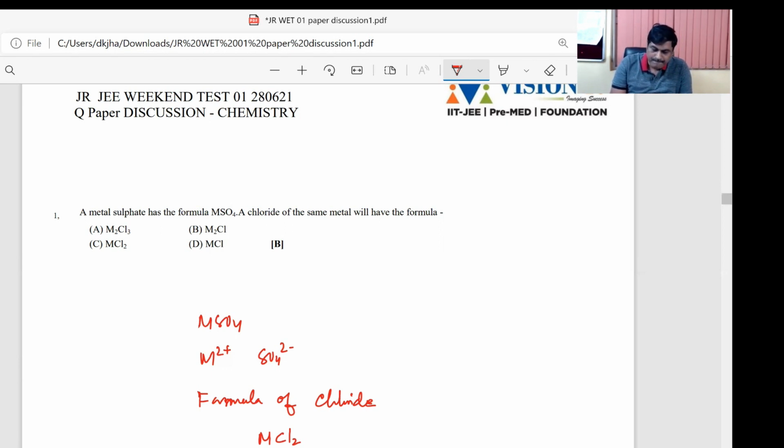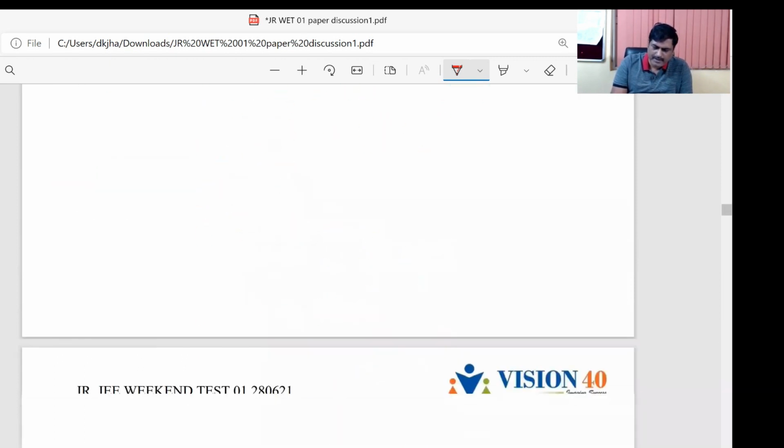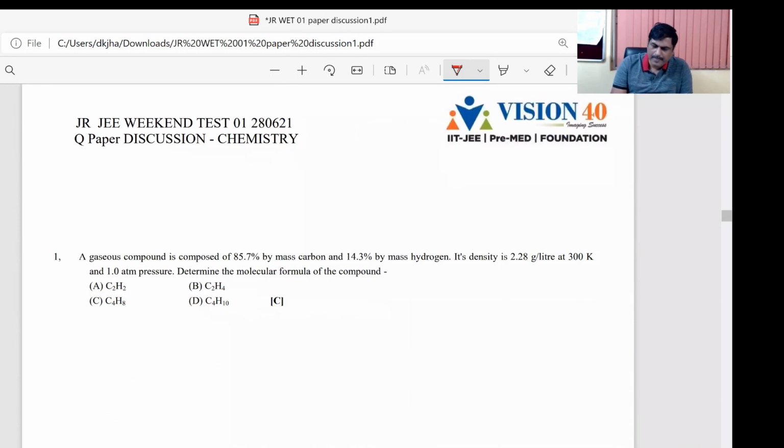It is correct, no? Because this one is M2+ and 2 Cl-. Total positive charge 2+, total negative charge 2-. Then MCl2. This one is given wrong. Okay. Clear? Very simple one.